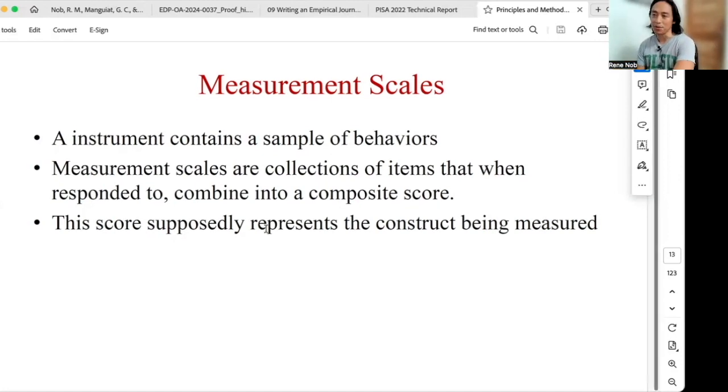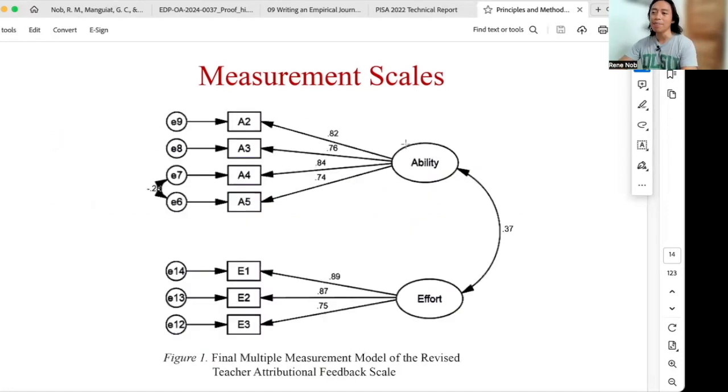And this score supposedly represents the construct that is being measured, or is an estimate of the construct that is being measured. Going back to this example, when you experience successes and failures at school, sometimes your teachers give an explanation, give an attribution for your successes. Do your teachers say this, and these are the items, all of which pertain to attributions related to ability? Or do your teachers say this, which are statements describing teachers who attribute failures and successes to effort?